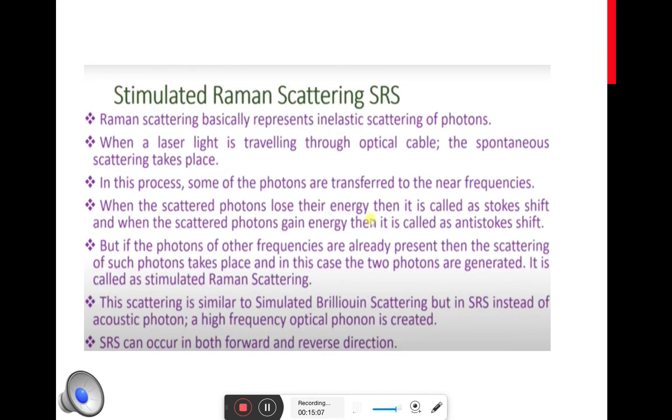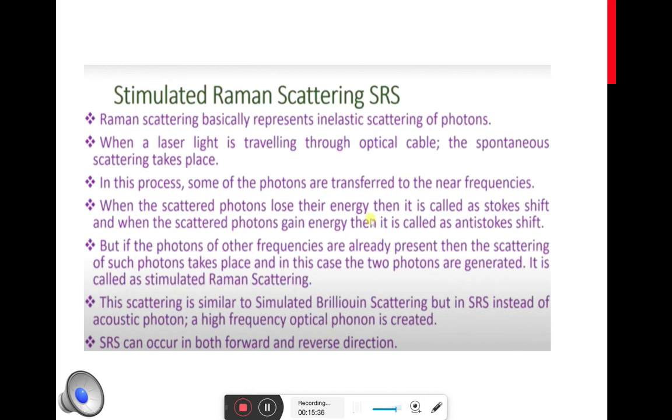Okay, the other type of nonlinear scattering is stimulated Raman scattering. Stimulated Raman scattering is due to the inelastic scattering of photons. There is a spontaneous emission of photons that takes place, and because of this, there can be spontaneous scattering. We have certain photons here, and due to the scattering, the energy of these photons is transferred to other photons.